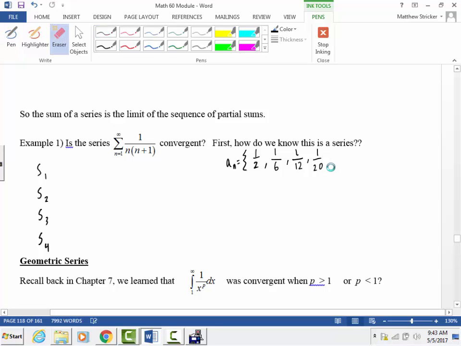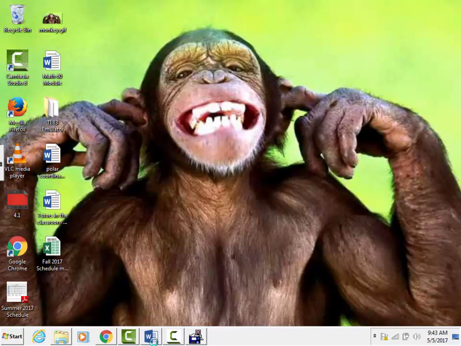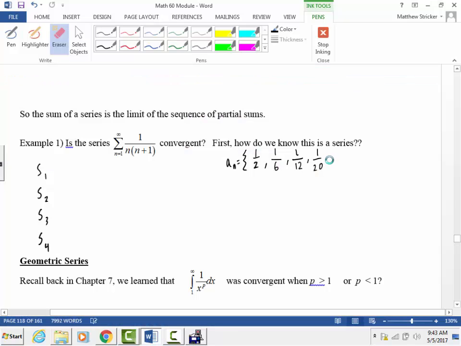These are the terms in the sequence. But the partial sums say that you do what with these terms? Add them up. So S1, just to get you started, is just 1/2. You guys do the last 3.